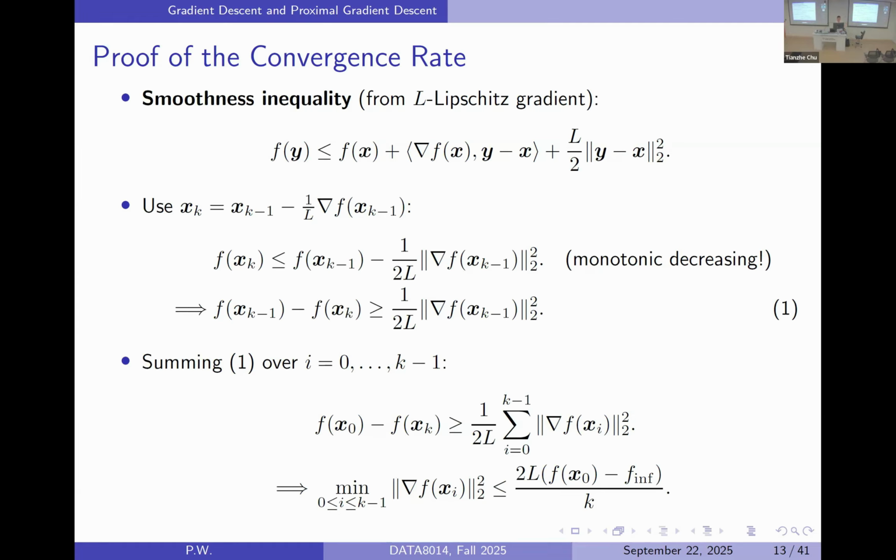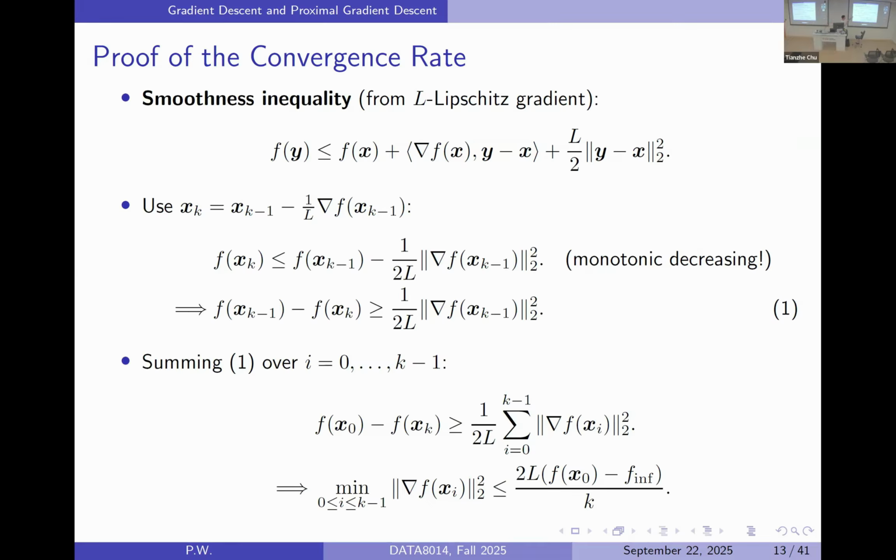It shows that gradient descent with step size 1 over L is always monotone decreasing; the function value is monotone decreasing.